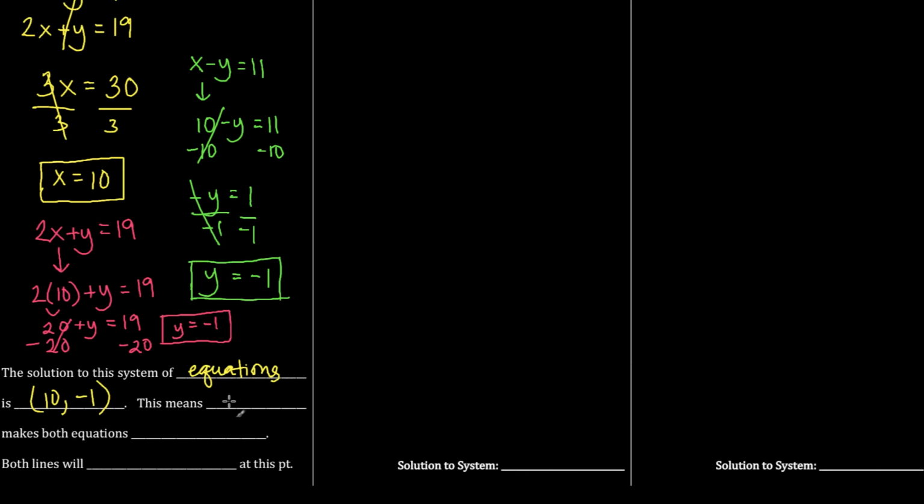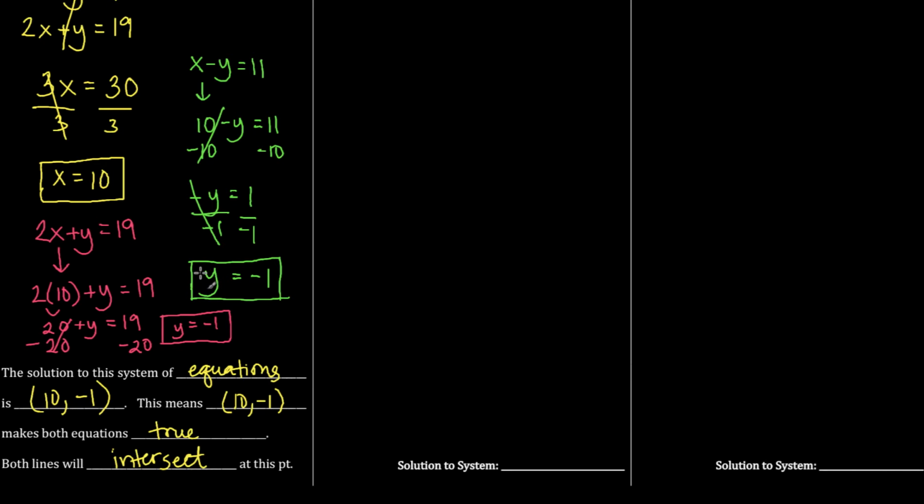This means 10 and negative 1 makes both equations true. Visually, both lines of solutions will intersect at this point.